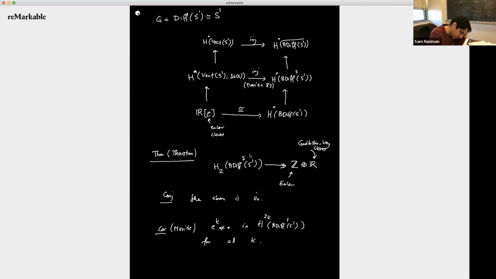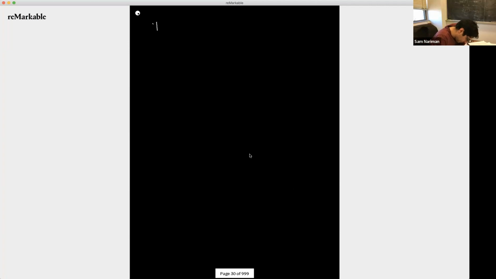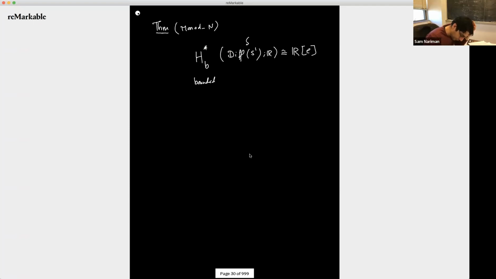So the theorem, joint with Mono, is that the bounded cohomology of Diff of a circle is in fact isomorphic to the polynomial ring on the Euler class.